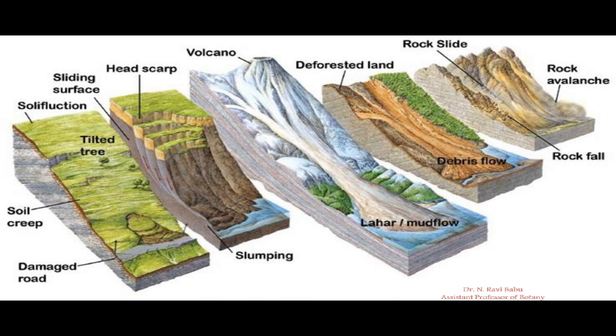Friends, if you imagine the arid regions, a mantle of weathered debris may become saturated with rainwater after a storm and flow downslope as a semi-liquid mass.